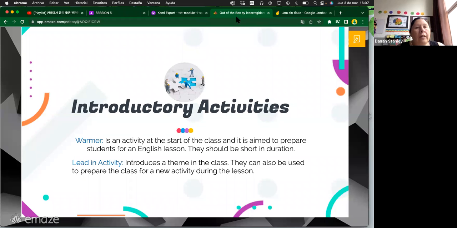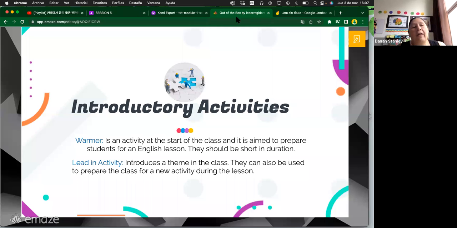The icebreaker only takes place in the first class of the semester or the school year. It is when the students get to know each other for the first time. I know my students, and I introduce myself and they introduce each other. So in this case, the icebreaker happens only once in a course.